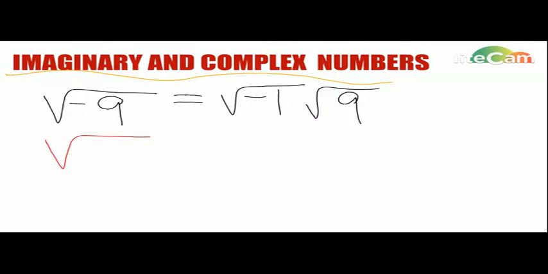So if I did that, I would have the square root of negative 1, which I know that I can't actually calculate. However, what I can do is represent the square root of negative 1 with just a small i.